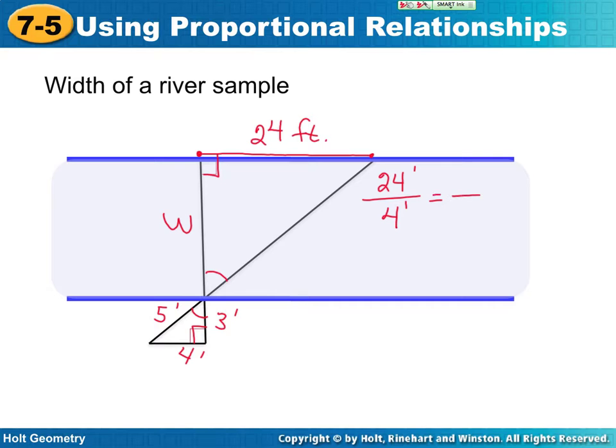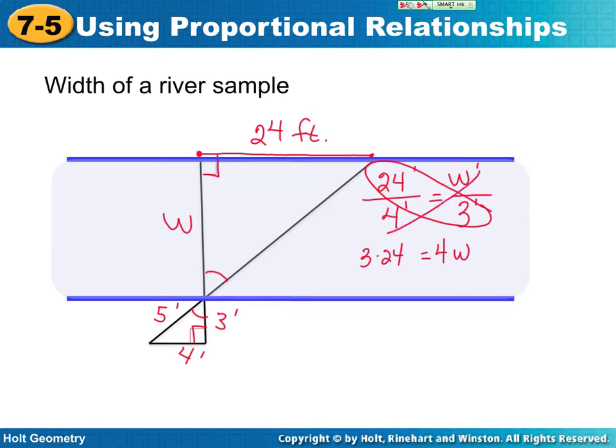That ratio would be the same as comparing W over 3. And since these are all feet, W is going to end up as feet, and we're just cross multiplying. So 3 times 24 is 72.